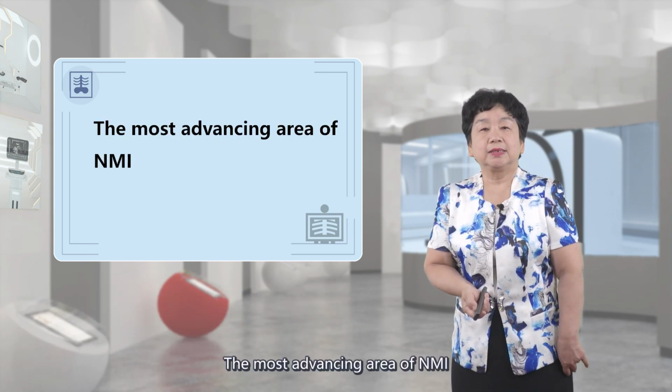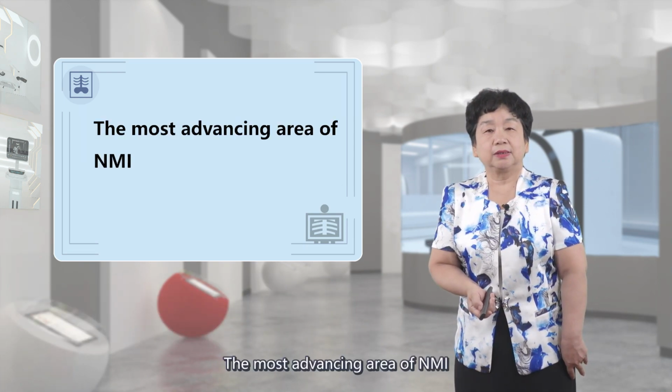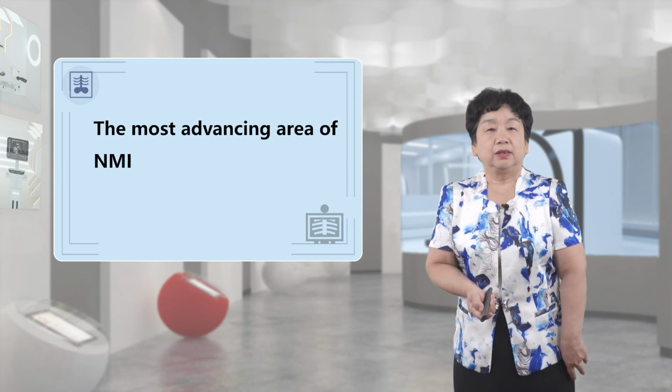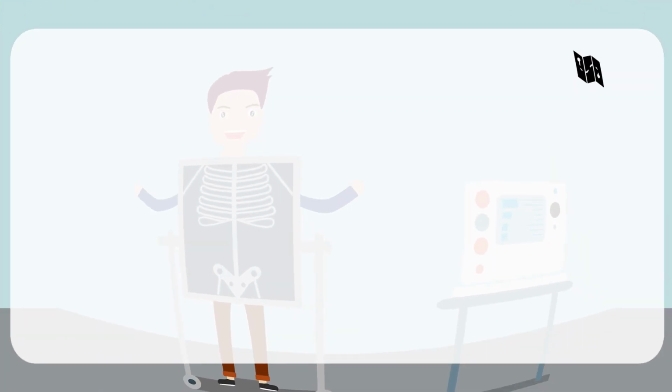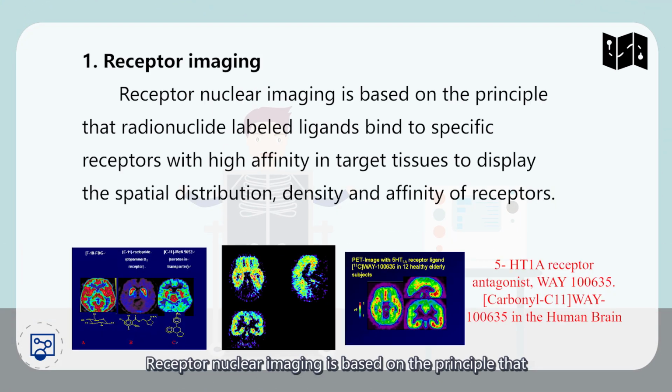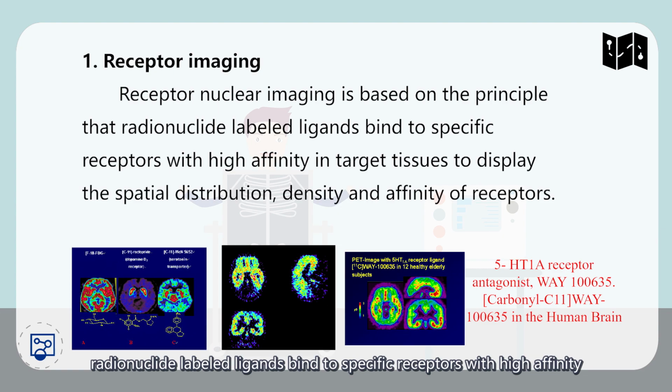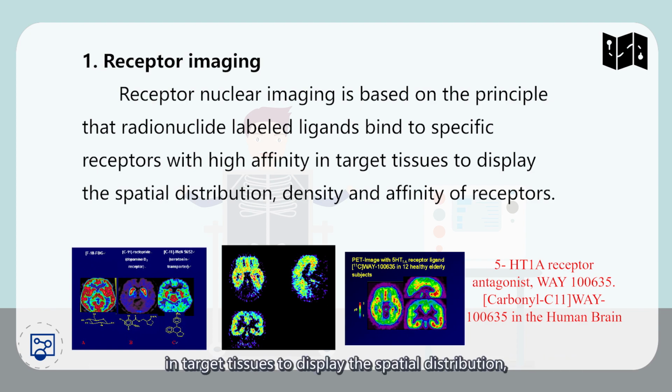The most advancing areas of nuclear medicine molecular imaging are as follows. The first is receptor imaging. Receptor nuclear medicine is based on the principle that radionuclide-labeled ligands bind to specific receptors with high affinity in target tissue to display the spatial distribution, density, and affinity of receptors.